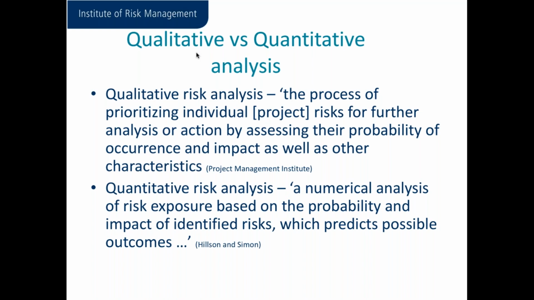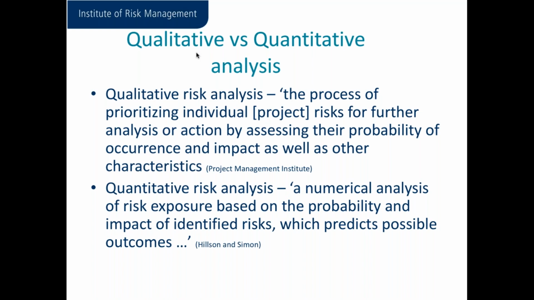Although it's much easier to qualitatively assess risk, we might have to go a bit further. And when you start to consider hard numbers, maybe for profit or cost or time or resourcing, rather than just the qualitative ranges that we give in qualitative risk analysis, it can be more difficult when we try to put it into quantitative risk analysis. It can be difficult to be objective.